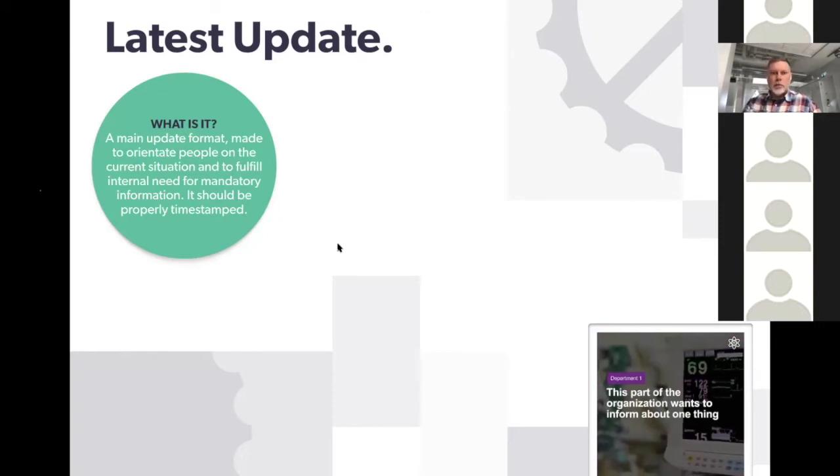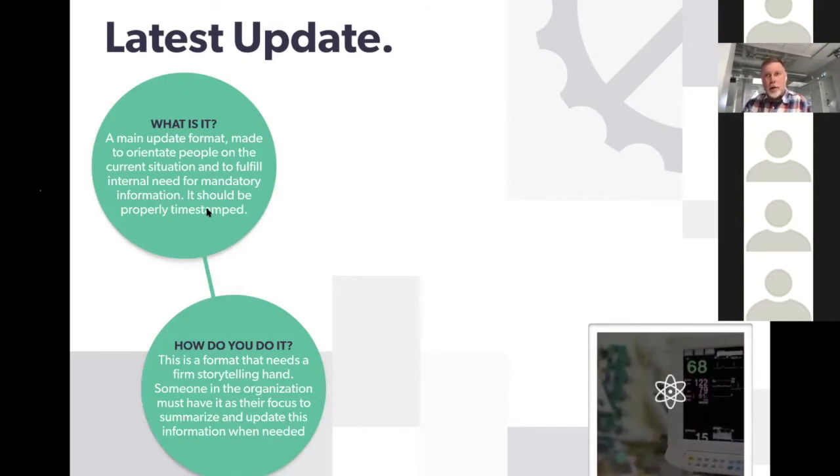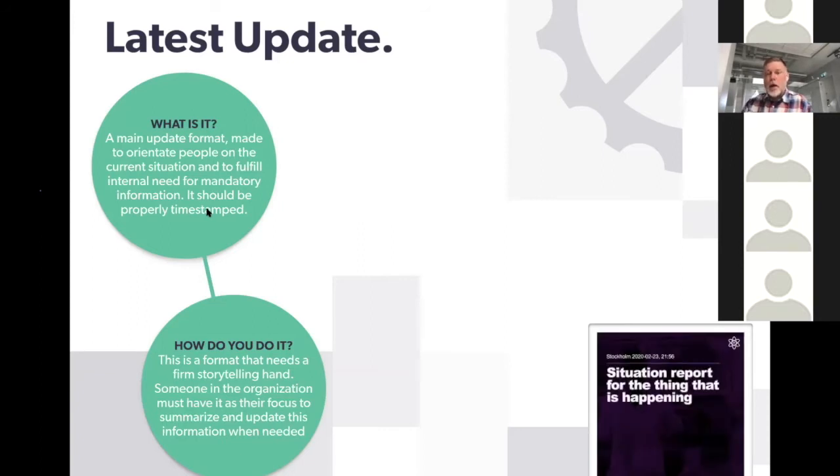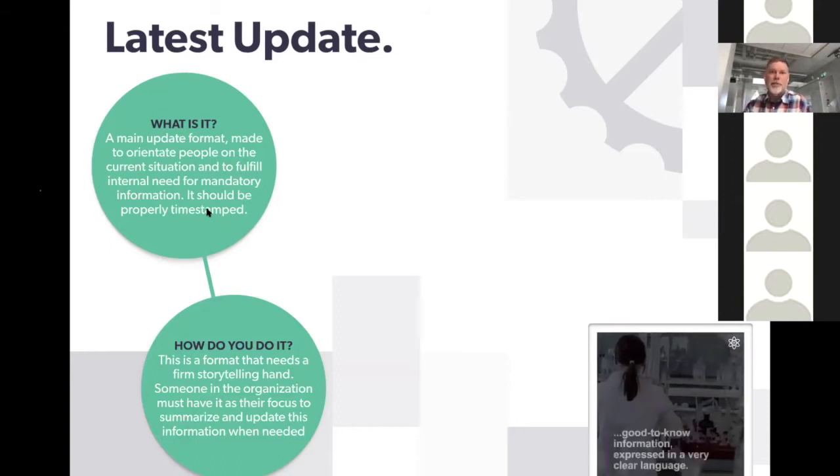So how do you do this format? Well, since it's kind of an executive summary thing, someone in communication needs to have a firm grip of what is happening around the organization and the capability of summarizing it. This is something that I feel everyone is doing anyway, because you need to do it.